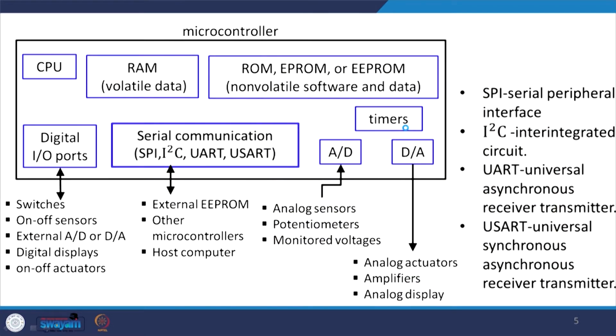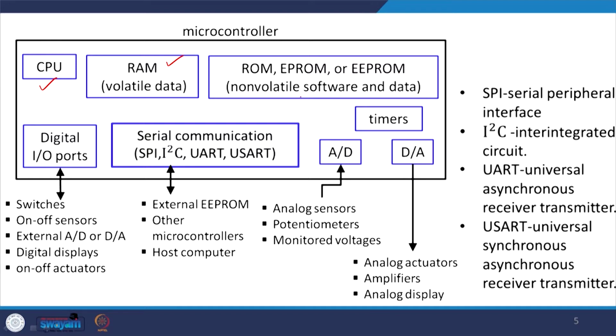So, if we look at further little more detail on the microcontroller here, we can see that we have CPU, RAM which is a volatile data, and ROM, EPROM and EEPROM as I defined these memory devices in my last lecture.